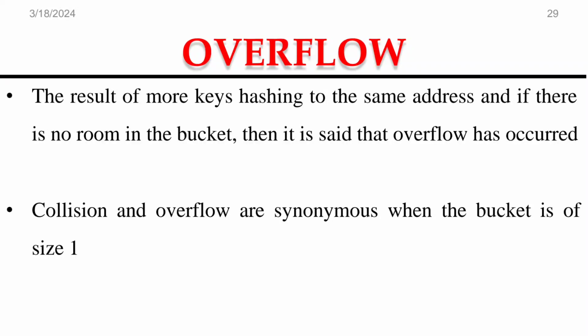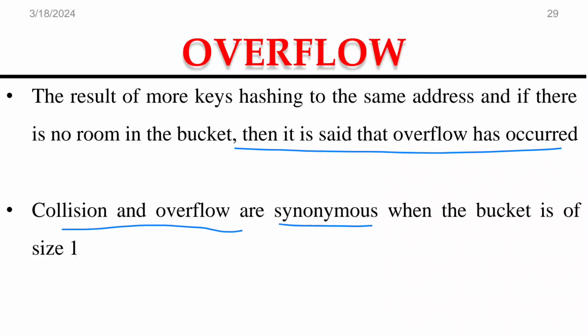There is no space in the bucket, so overflow has occurred. Collision and overflow are synonyms when the bucket is of size 1. I hope all of you understand the definition of overflow.